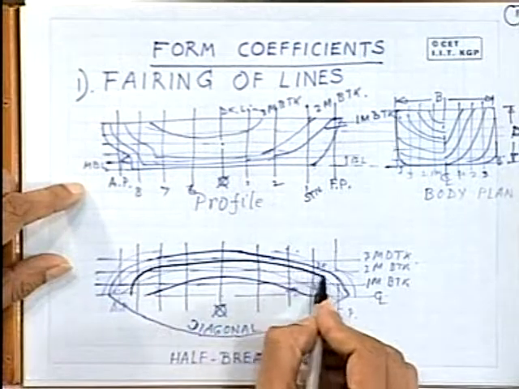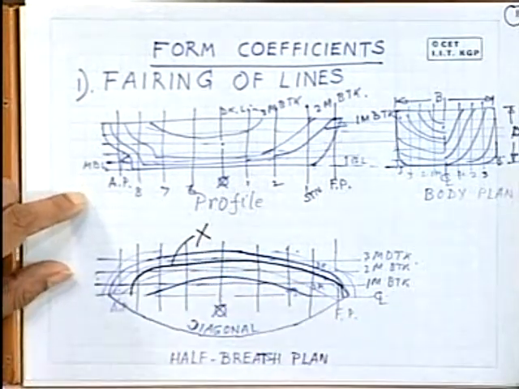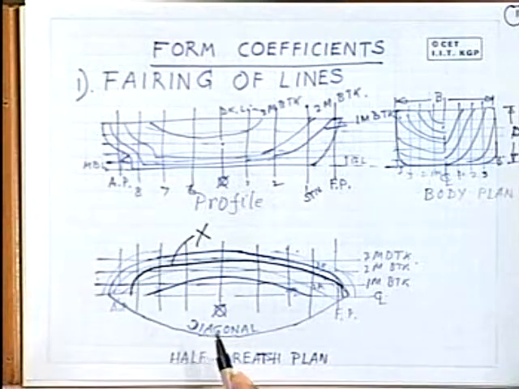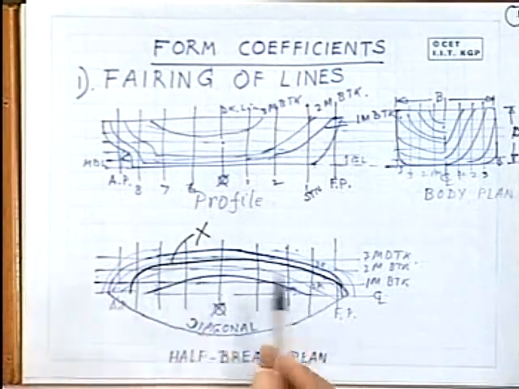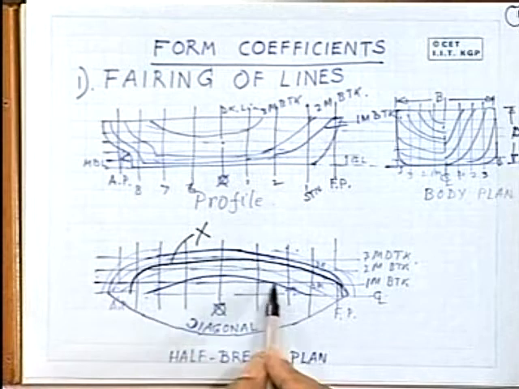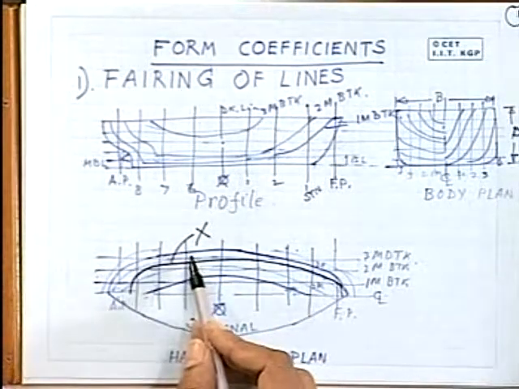So this is wrong. This water line, if one has obtained from the table or from any other offset, does not conform with either the water line below it or the water line above it.